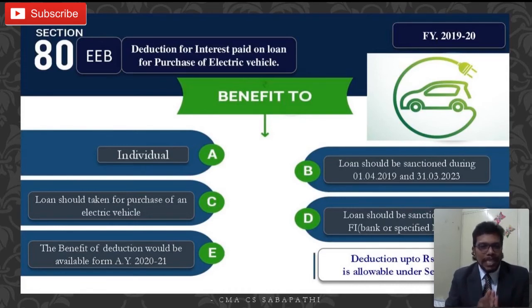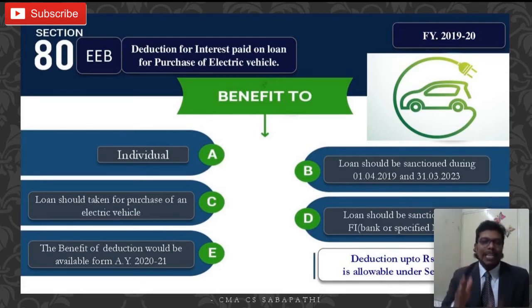The loan should be sanctioned between 1/4/2019 and 31st March 2023. You are given 4 years. In this period, you apply for the loan and the loan is sanctioned. If you are paying any interest, that is deductible under section 80EEB. Please do note it.